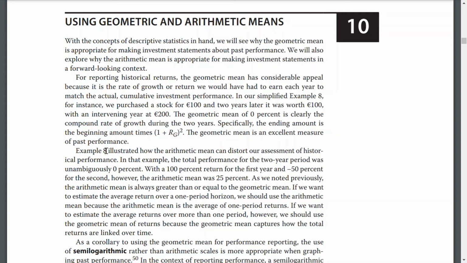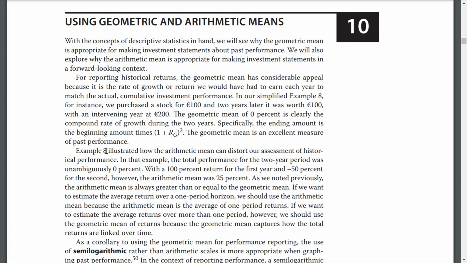For reporting historical returns, the geometric mean has considerable appeal because it is the rate of growth or return we would have had to earn each year to match the actual cumulative investment performance. In our simplified Example 8, for instance, we purchased a stock at 100 euros, and 2 years later it was worth 100 euros, with the intervening year at 200.